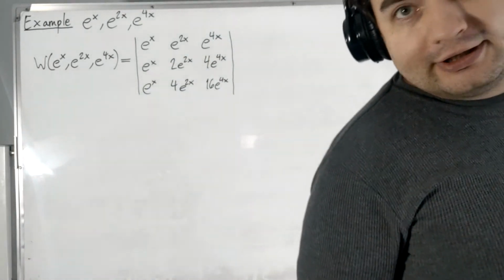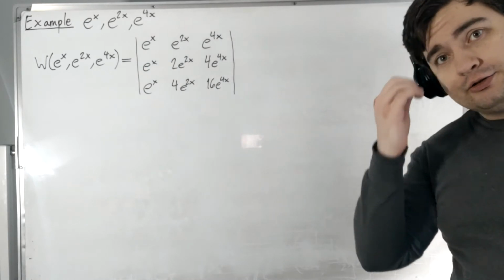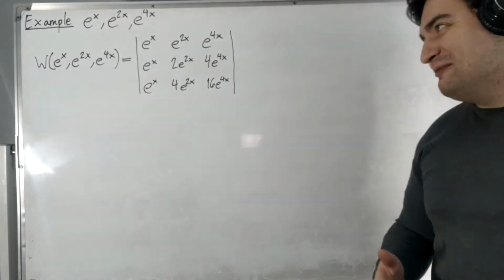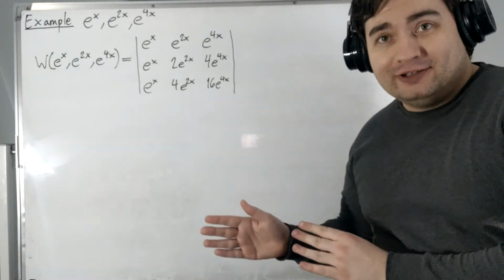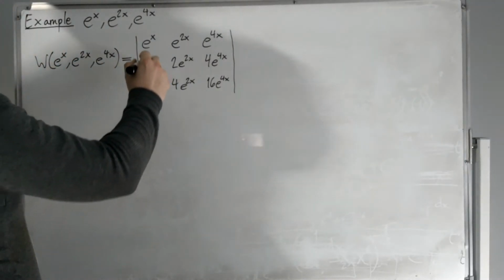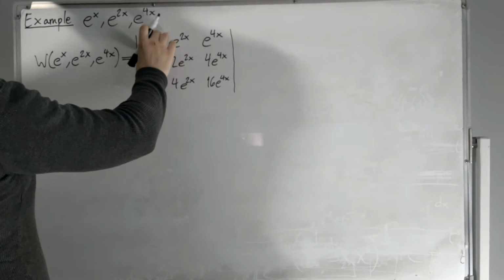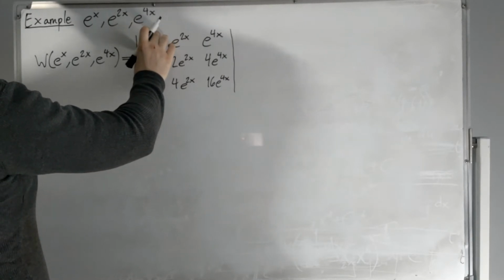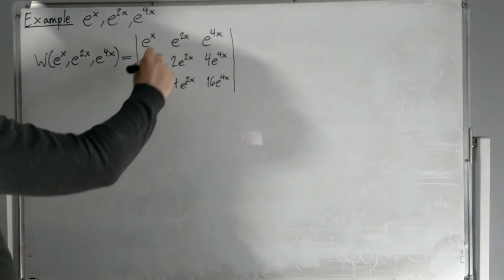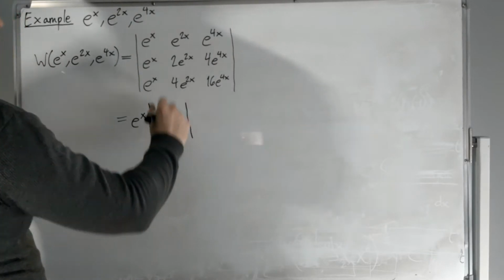So we need to compute this 3 by 3 determinant. Those of you who have taken Calculus 3 already know how to compute a 3 by 3 determinant, I think. As for those of you who haven't, this is how you do it. So what we've got to do is go along the first row of this matrix, select the entry in the first row, and then set up a 2 by 2 matrix right next to it.